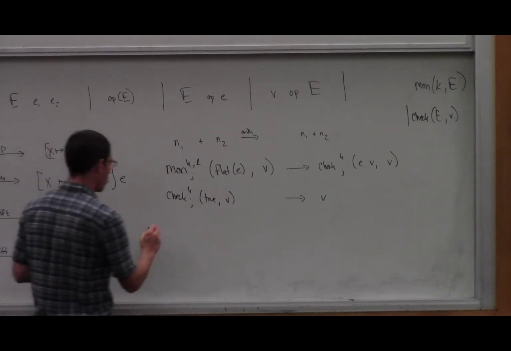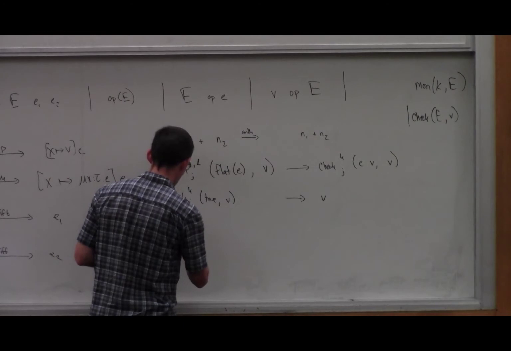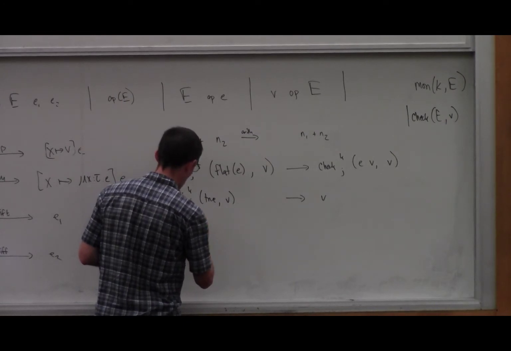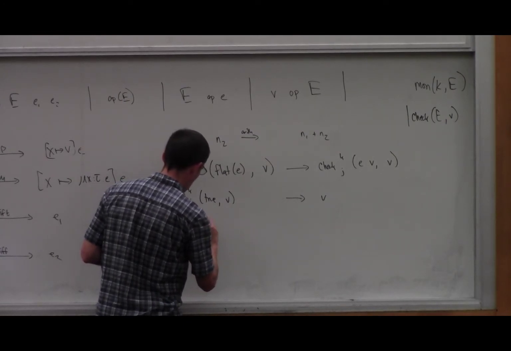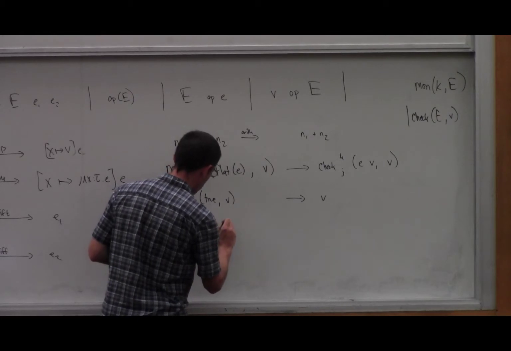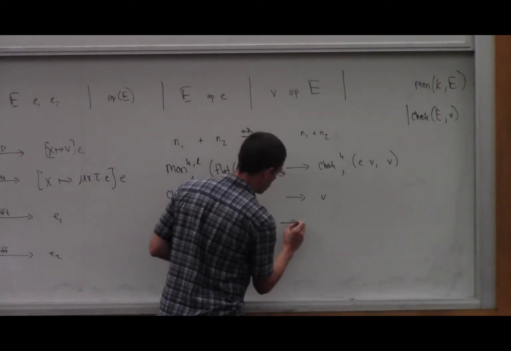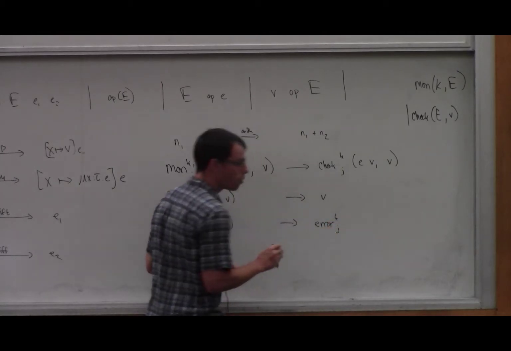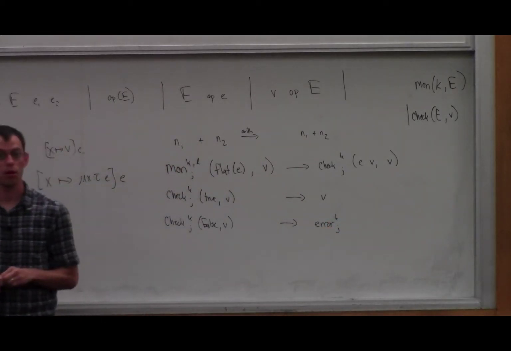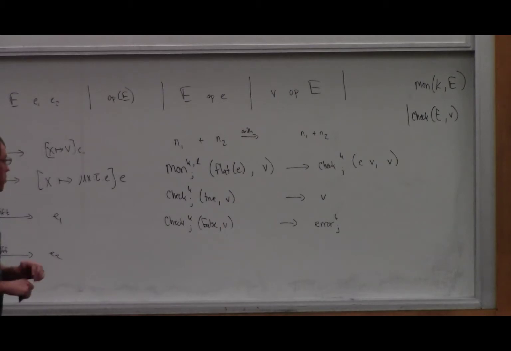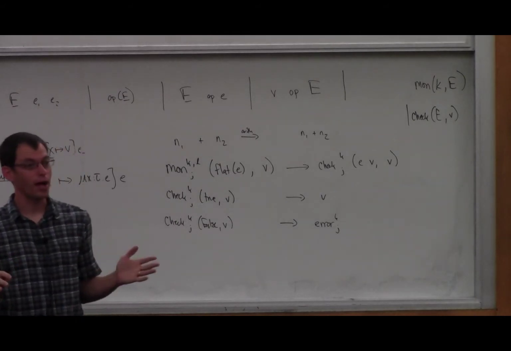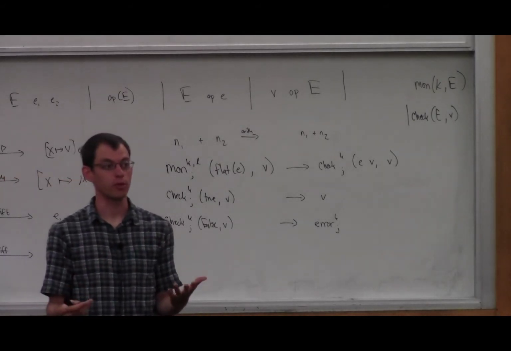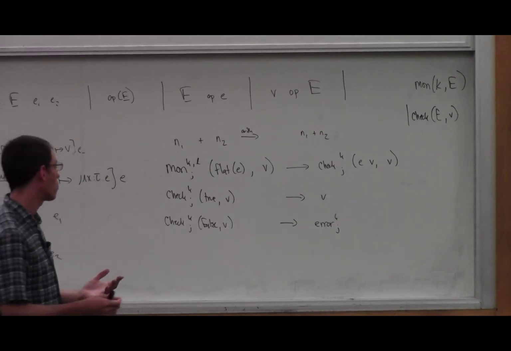If we evaluate our check to false, we get a contract error with the appropriate blame labels. So now we've seen how flat contracts work. Now let's get into the interesting stuff where we have higher order contracts.